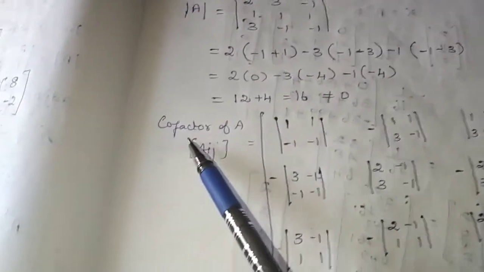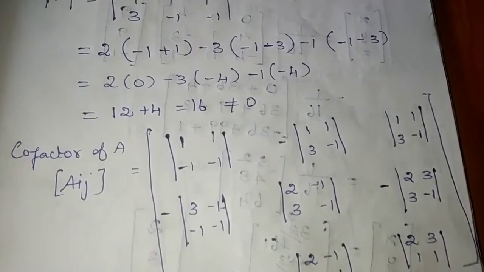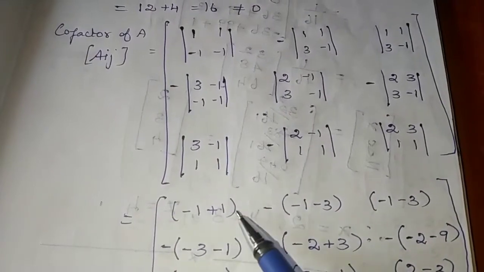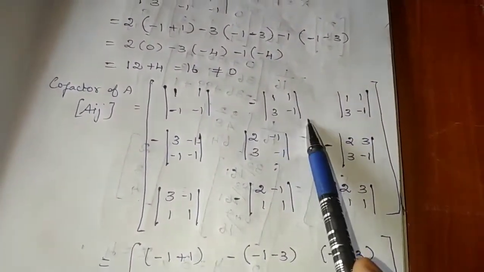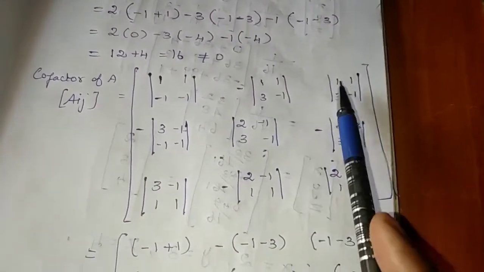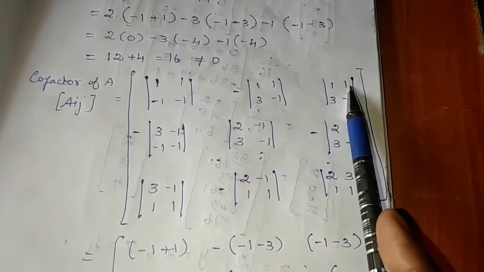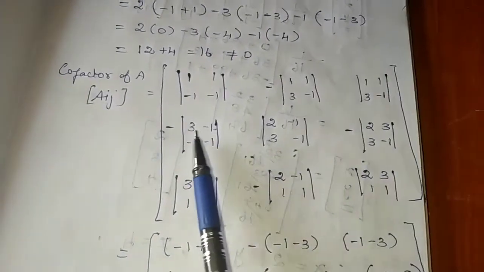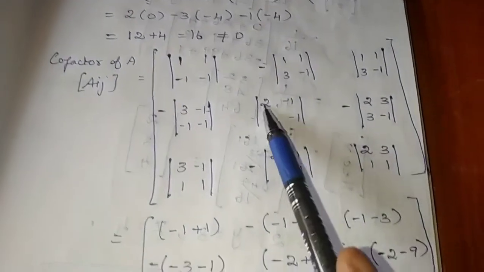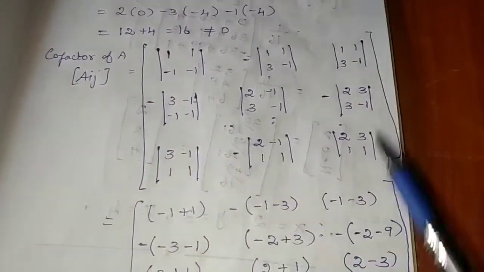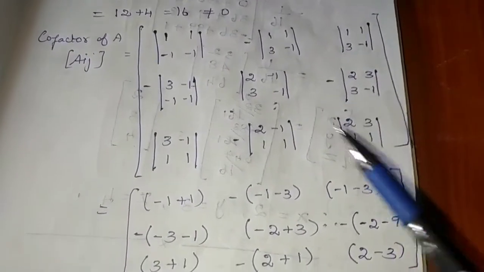Adj means first we want to find the cofactor of A. The cofactor of A we can easily find using determinant form. Simplify, we get minus 1 plus 1, minus 1 plus 1, here minus 1 minus 3, here minus 1 minus 3, here minus 3 minus 1, here minus 2 plus 3, minus 2 minus 9.